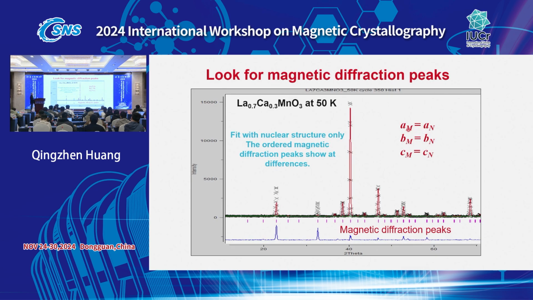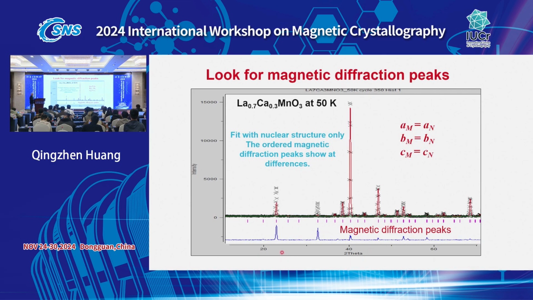And then let's see the ferromagnetic. This compound system is a ferromagnetic order at some of the compositions. For the ferromagnetic, we found that some peak intensity is superposed on the nuclear reflection. And this may be magnetic.